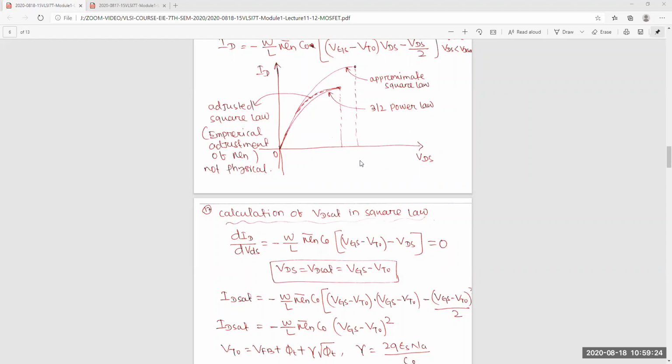In both linear and saturation, VGS is more than threshold voltage. But in one case, VDS is less than VGS minus VT, and in the other case, VDS is greater than VGS minus VT.